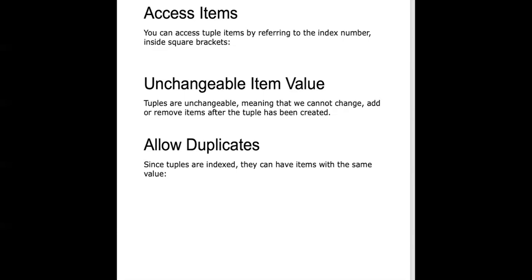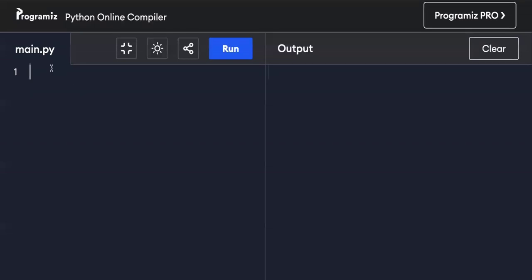First of all, let's see how we can declare items in a tuple. So over here, I'm writing my code. I'm going to write, for example, my variable name is this tuple, or you can name it anything of your choice. Right now, if I want to declare a tuple, I have to use a small bracket, because we use square brackets for list and small brackets for tuple. I'm going to write one by one all the items inside this tuple.